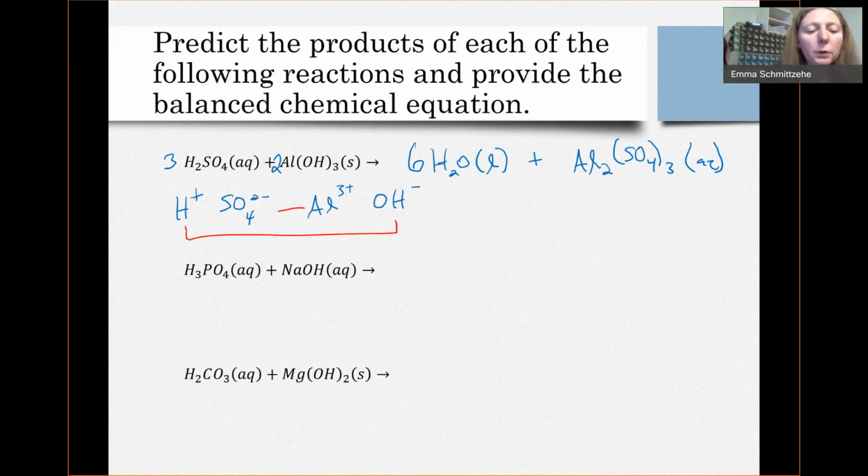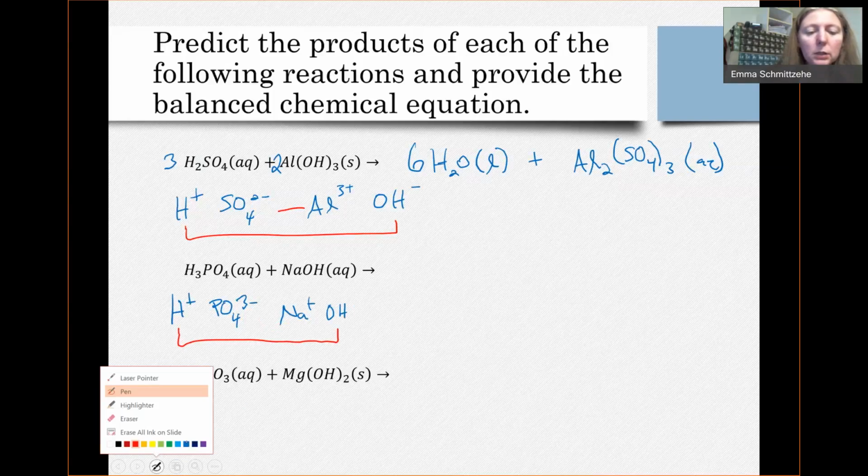Now the next one, we've got phosphoric acid, so that's made up of H plus and PO4 3 minus, and then sodium hydroxide, so Na plus and OH minus. And so then, as always, swap ion partners, H plus and OH minus go together, and then Na plus and PO4 3 minus go together.